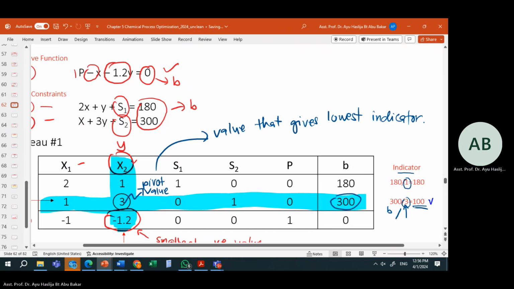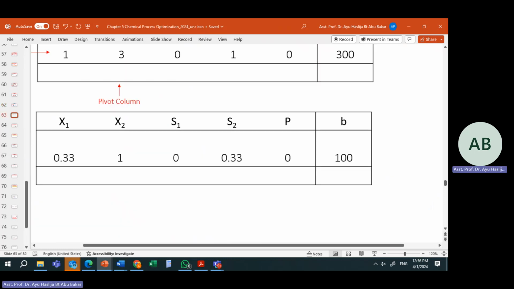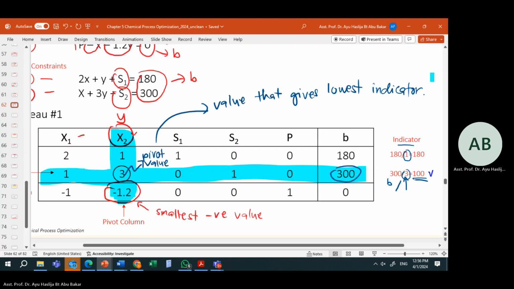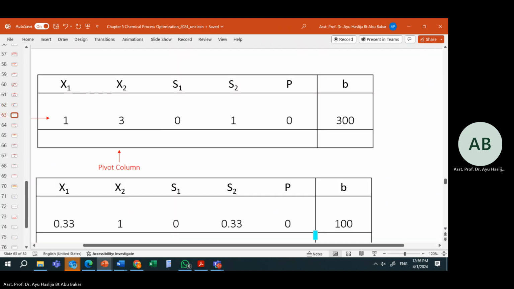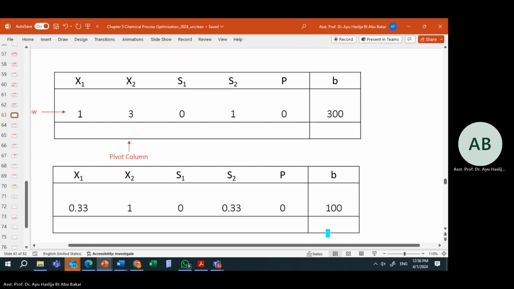Okay. Next, taking the pivot column and pivot row, create the next table.